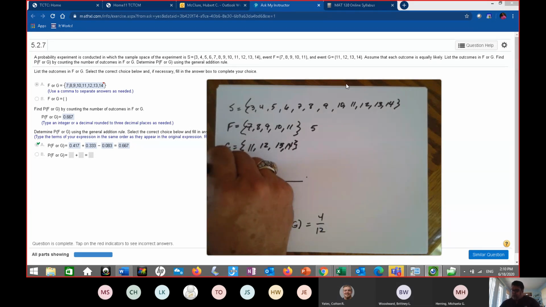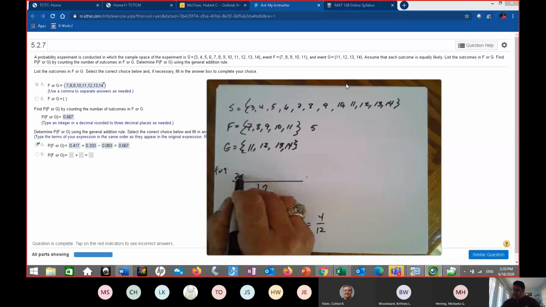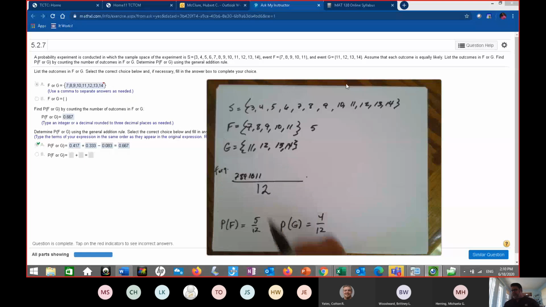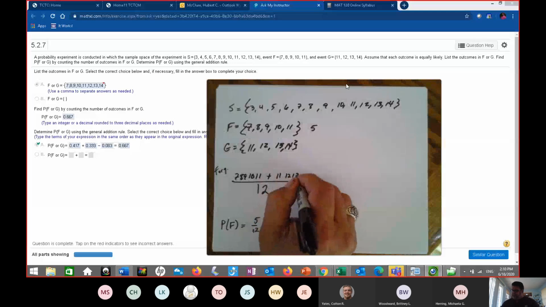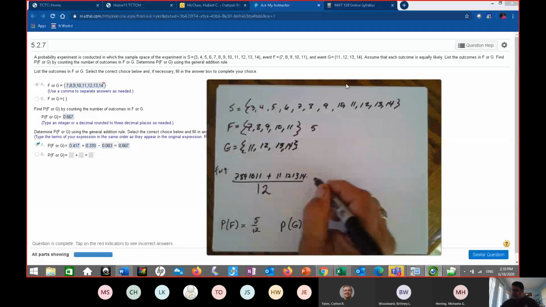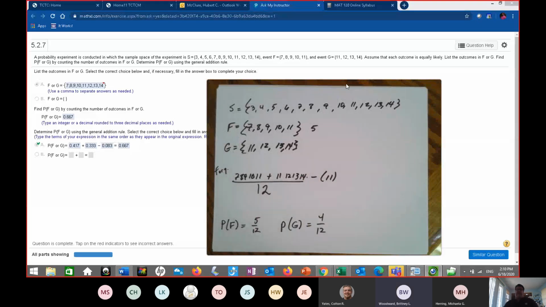So F would be 7, 8, 9, 10, 11, plus 11, 12, 13, 14. Always subtract the overlap, which is 11. And that's how you do it.